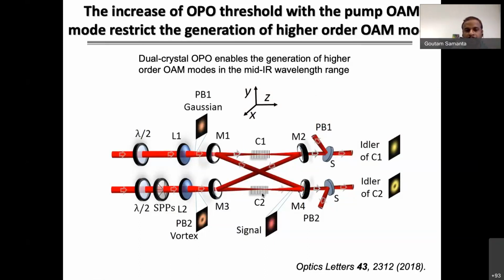It is OPA, where the OPO is started with the Gaussian beam, and then another pump beam is there which has a special structure, and that is transferred to the nonlinear crystal for the nonlinear interaction. Because the signal has to always be in the Gaussian, the OM of the pump should go to the idler. So that is what is happening.